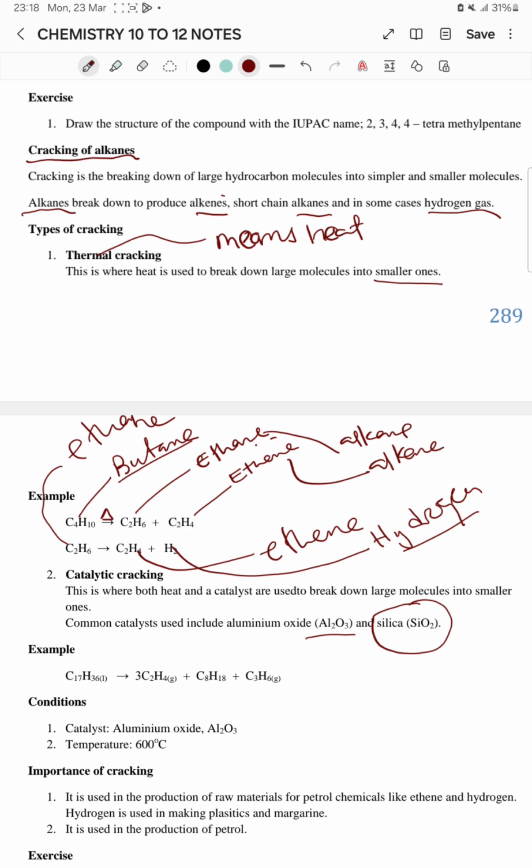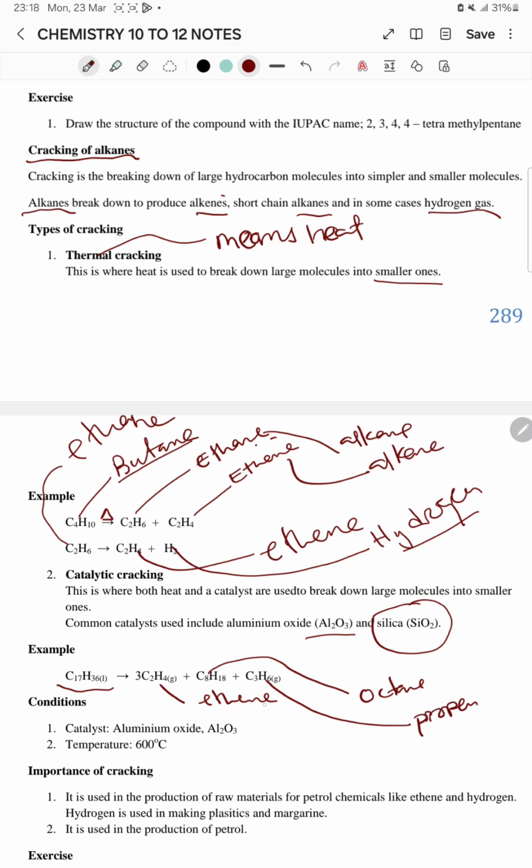Now, for an example, we're going to have this large hydrocarbon. Breaking it down, you're going to form ethene, then you're going to form octane, and you are also going to form propene.